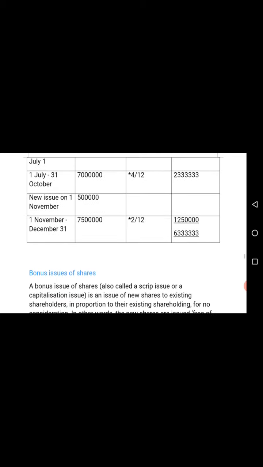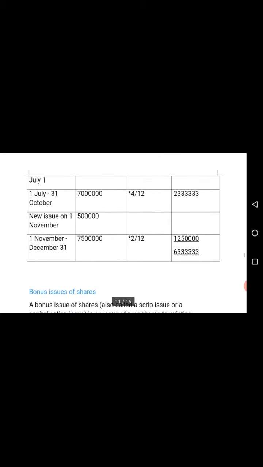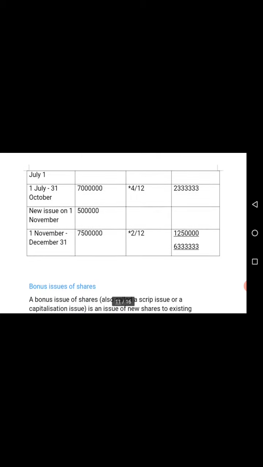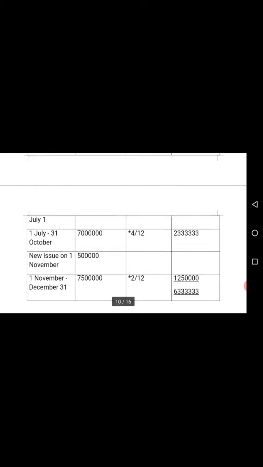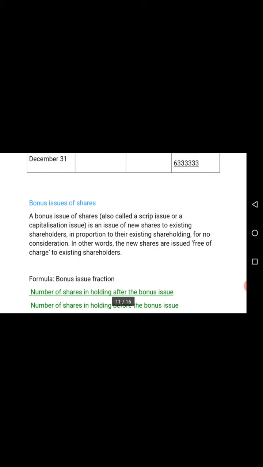Now the previous one we did here is how to calculate the weighted average number of shares in the year. That is the denominator down there, as I said. And we have bonus issue. A bonus issue of shares, also called a scrip issue or capitalization issue, is an issue of new shares to existing shareholders in proportion to their existing shareholdings for no consideration at all.